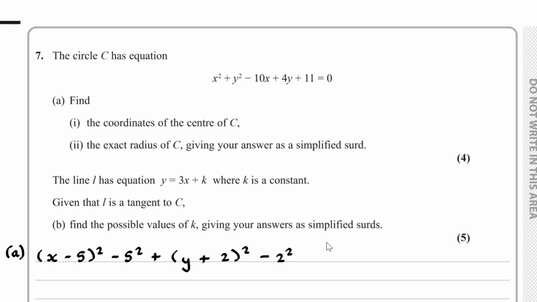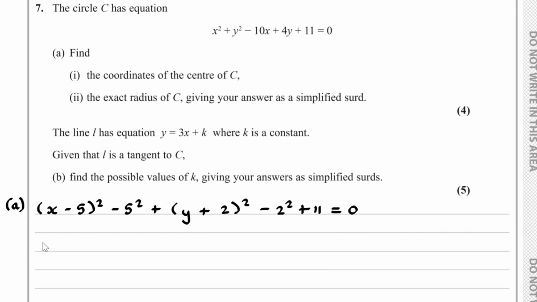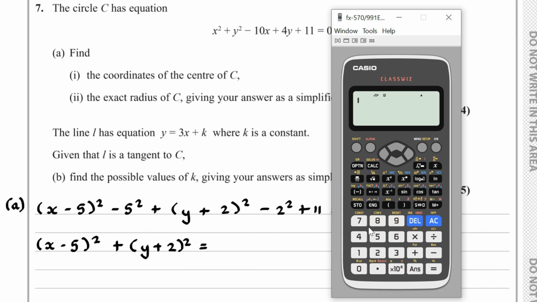And then we have plus 11. And this is equal to 0. So we have x minus 5 all squared plus y plus 2 all squared equals, well, here we would have 5 squared plus 2 squared, take away 11, which is 18.